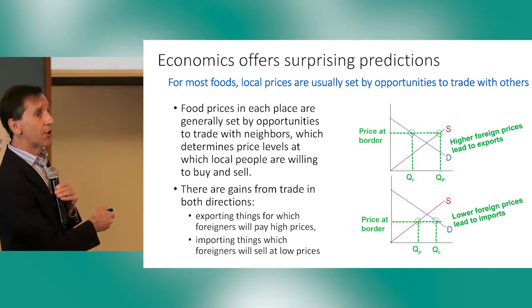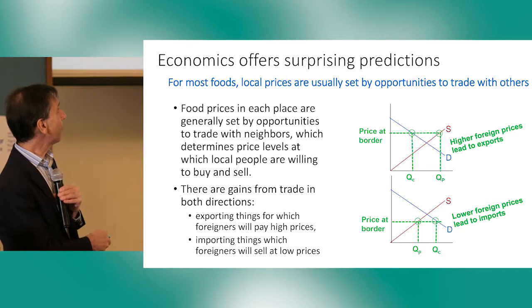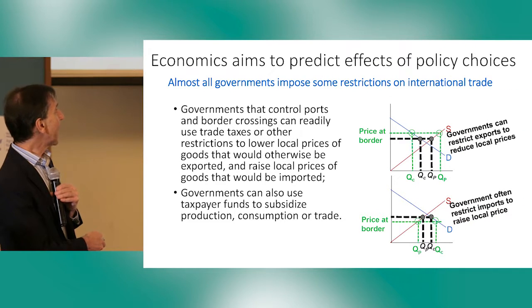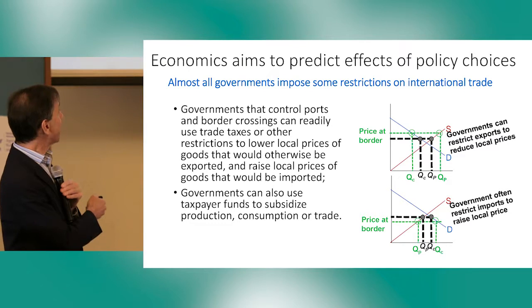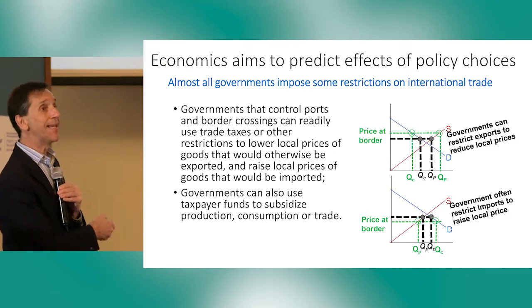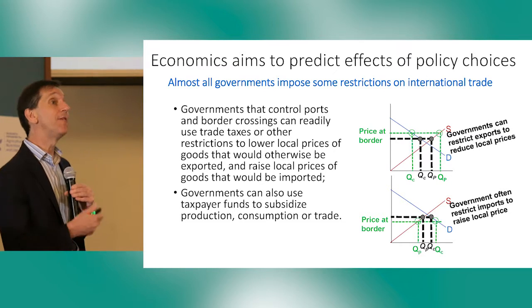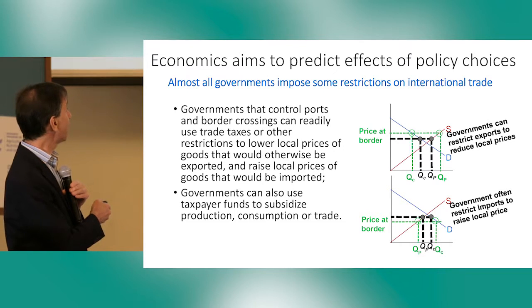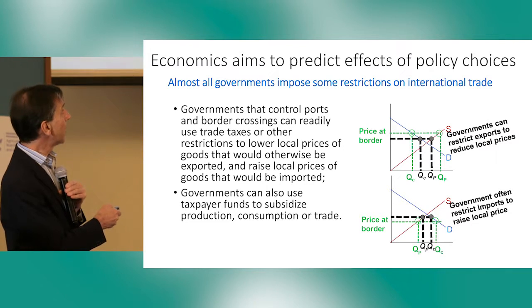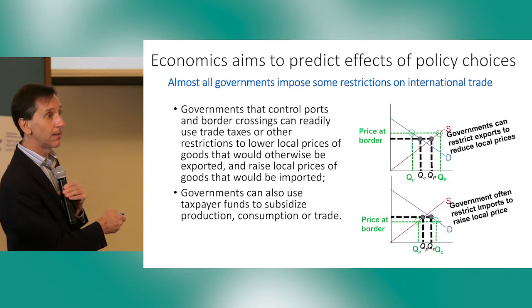What we actually observe governments doing is restricting trade to some degree. And governments do this because it allows them to meet the needs of political lobbying and interest groups in a convenient way. They can restrict the trade in exports to reduce local prices and help consumers who use that thing consume more of it.